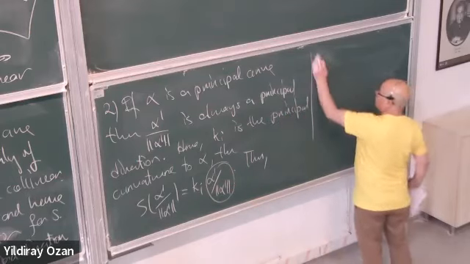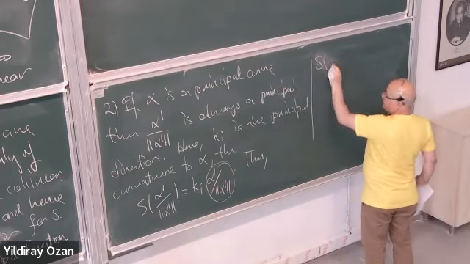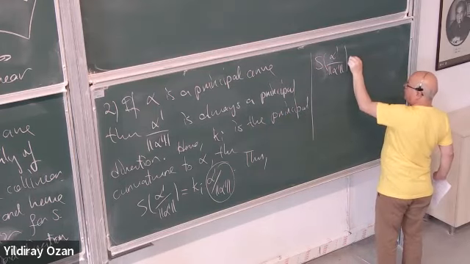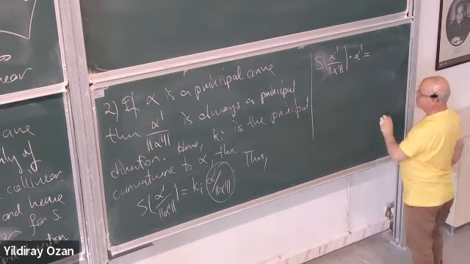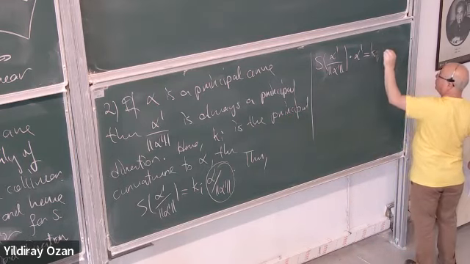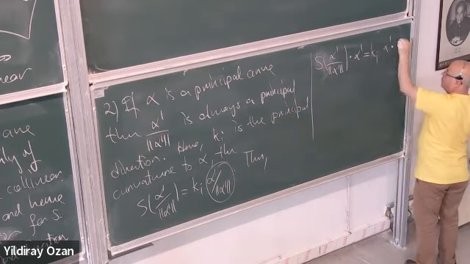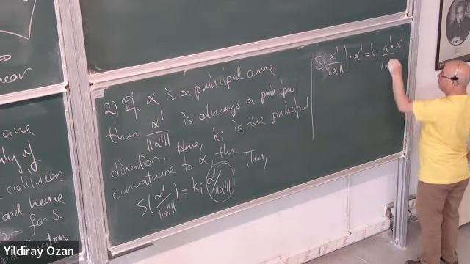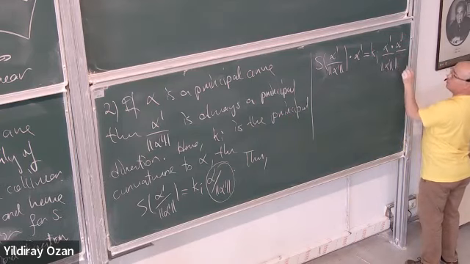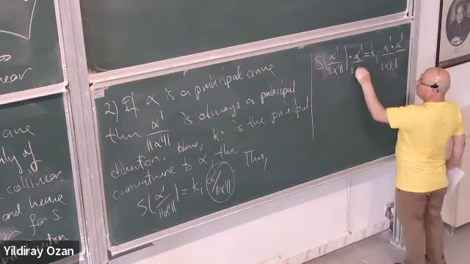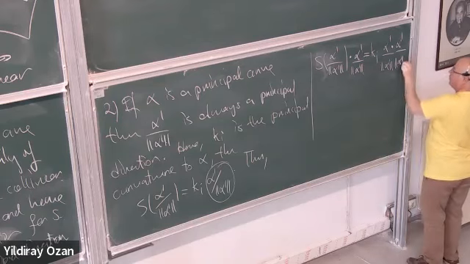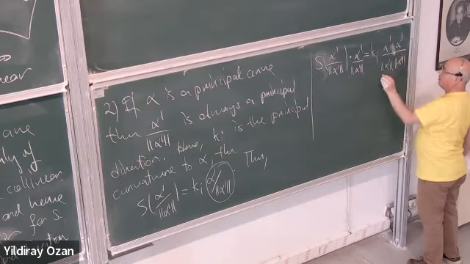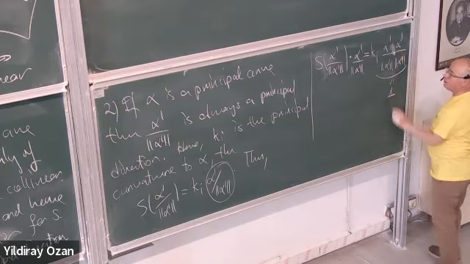So I write it this way: S of alpha prime divided by its norm, dot product with alpha prime divided by its norm is just ki. Here I also have the norm of alpha prime, so this is a unit vector. This thing is equal to 1.